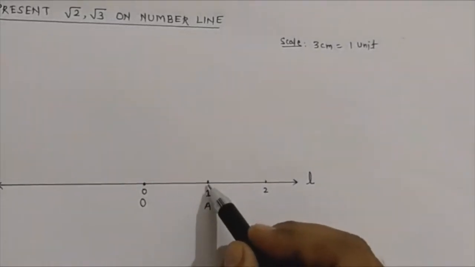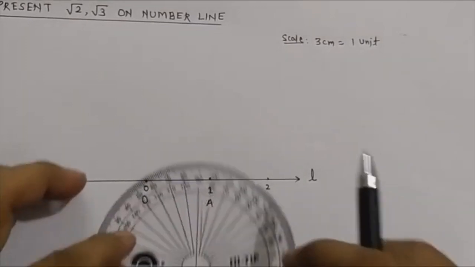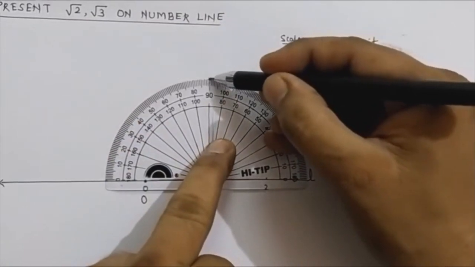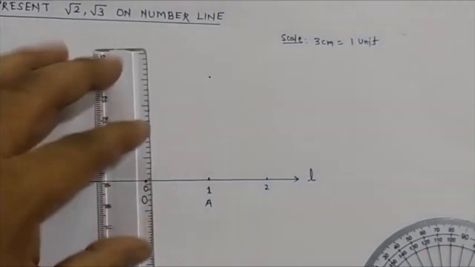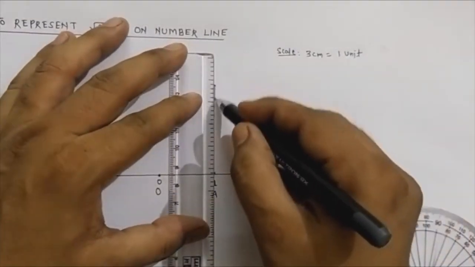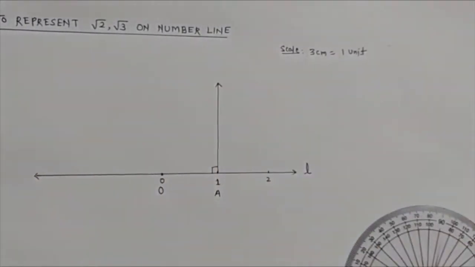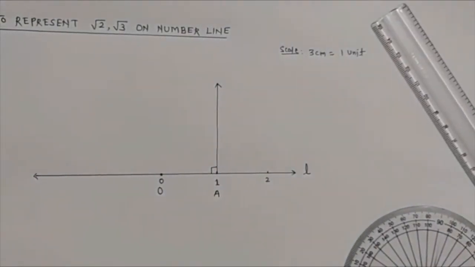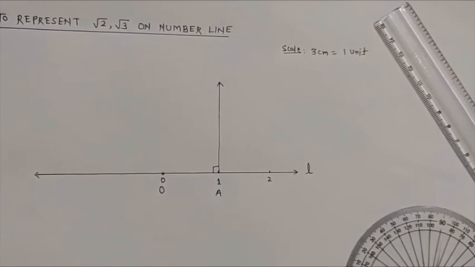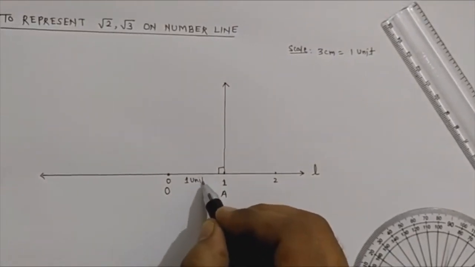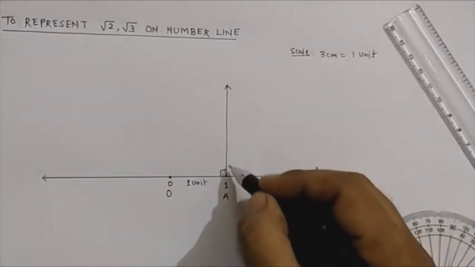Next step, at this point A, you are going to draw a perpendicular. Take the protractor and draw a perpendicular at this point. Now the same distance OA, which is 1 unit, we are going to take on this perpendicular.